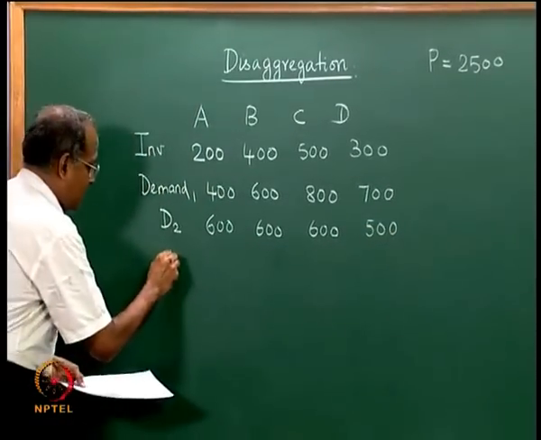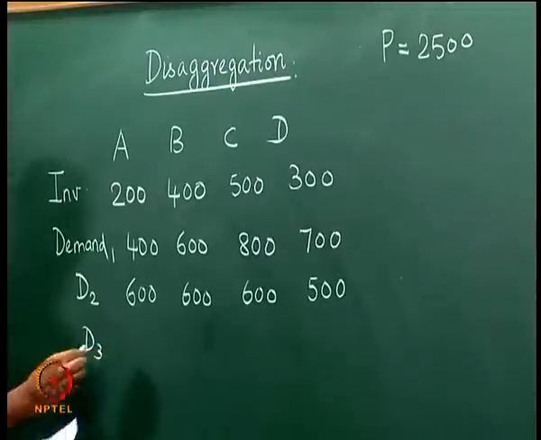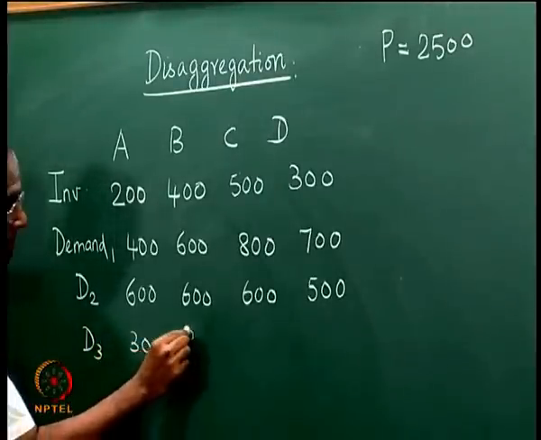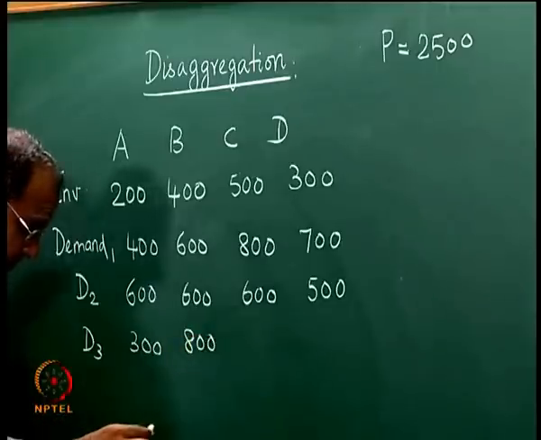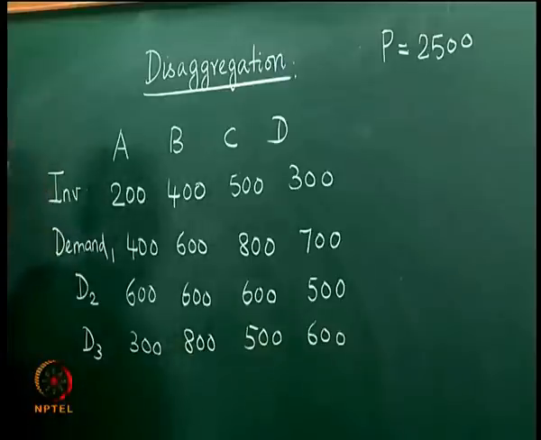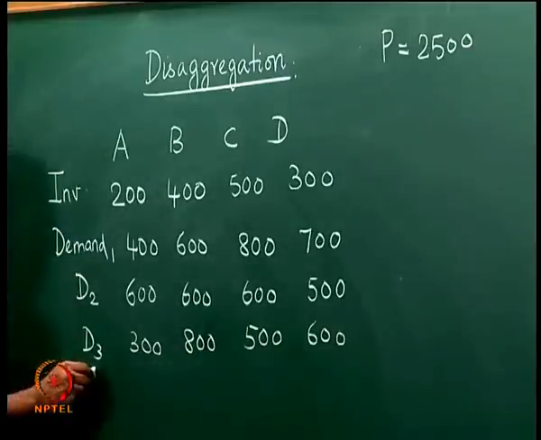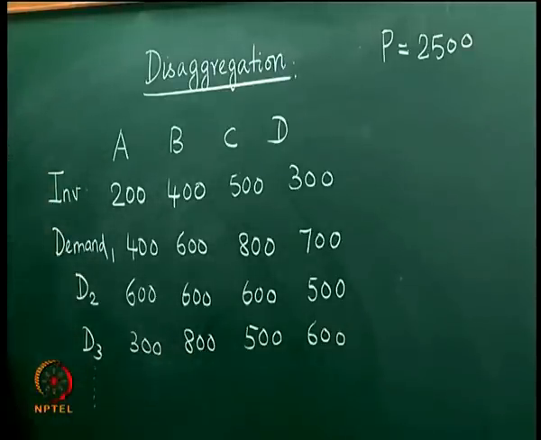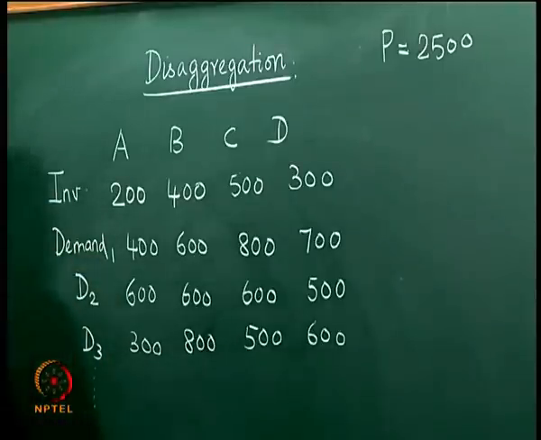Say demand D3 will be 300, 800, 500, 600 and so on. So, we could have any number of months of demand that is known, and most of the times these demands are actually forecasted values of the demand for each of these products.